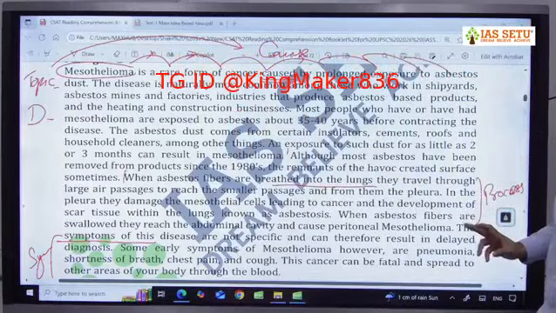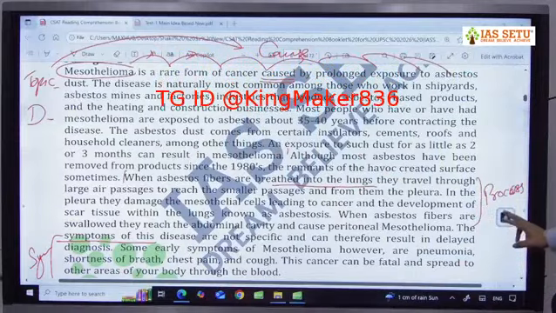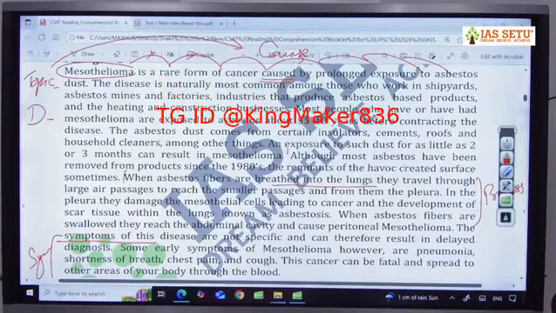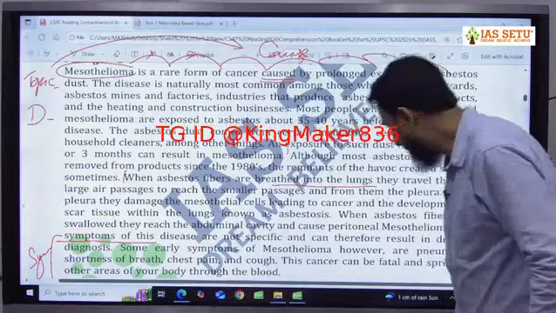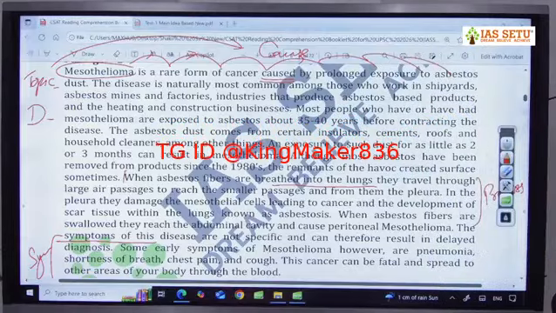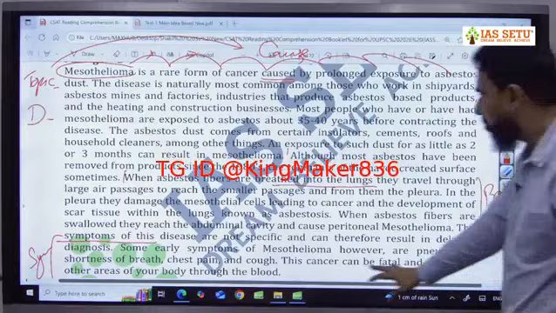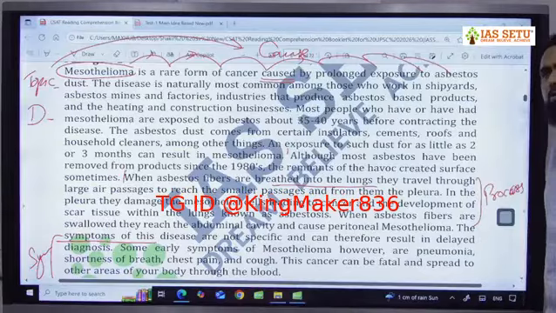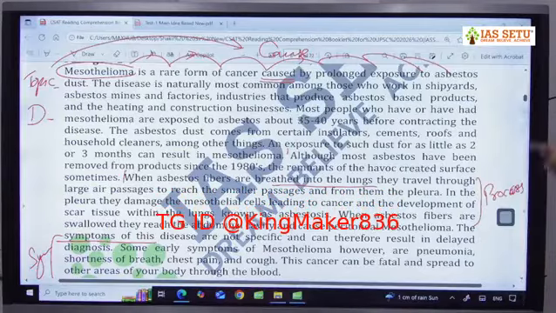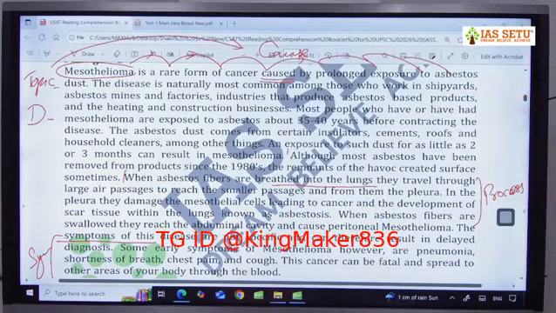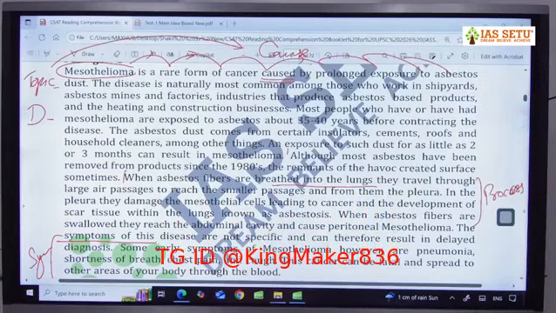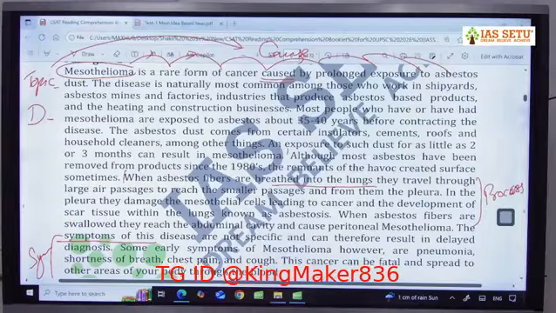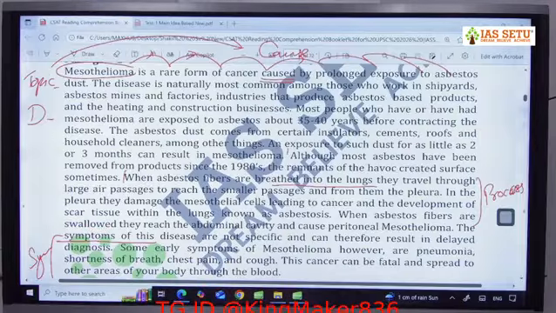Yes, please. Can be fatal and spread to other areas of your body through the blood. Additional information is given, and what you said, I missed that. Additional. It is actually, this is a habit of the authors.